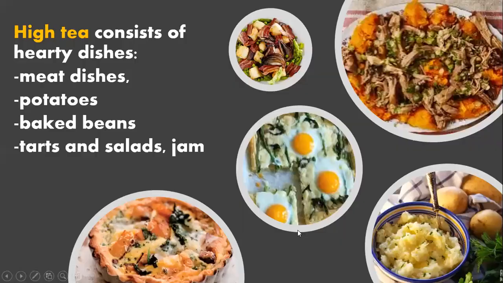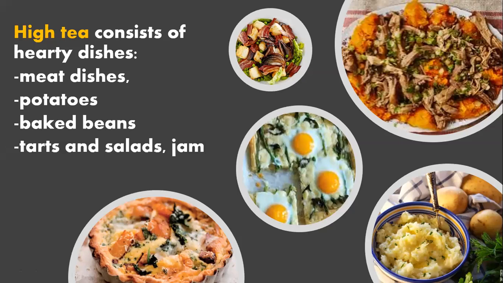The high tea. The high tea is even harder to be eaten, because not only do you have finger food, not only do you have very small portions of food, but you have 30 dishes. You have meat, potatoes, baked beans, tart, salads, and jam. Which of these different dishes would you pick first?